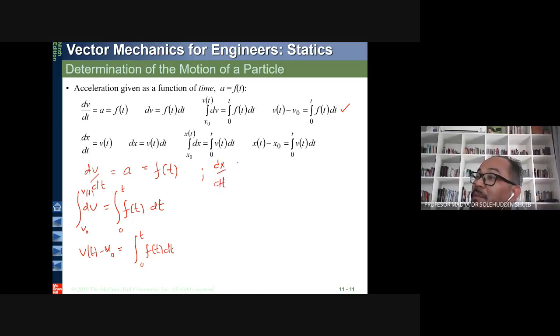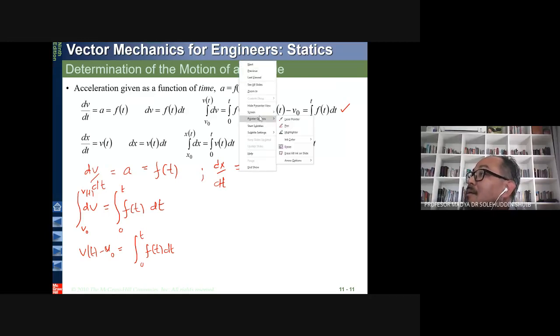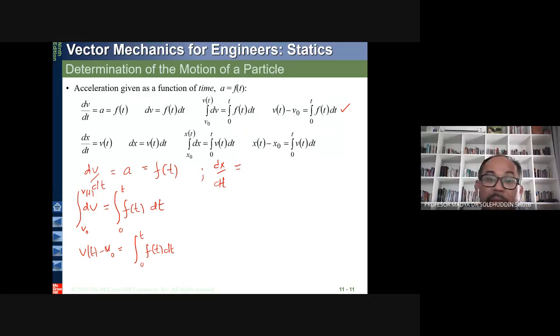Okay, so we start by writing here dx/dt. What is dx/dt? dx/dt is the velocity. My pen is jumping here and there. So dx/dt basically is the velocity, right?